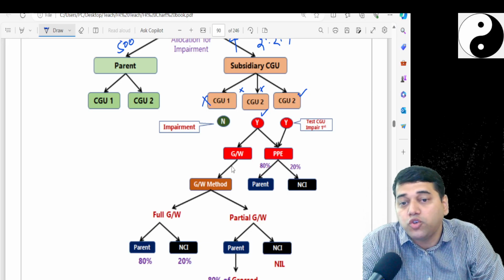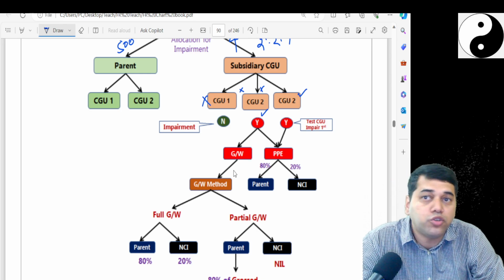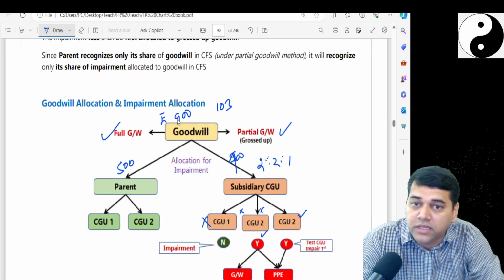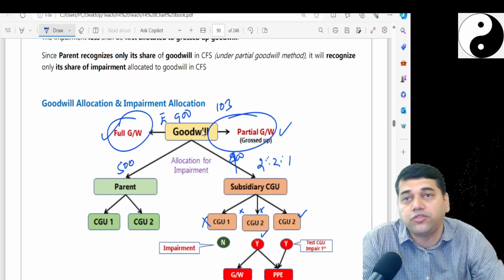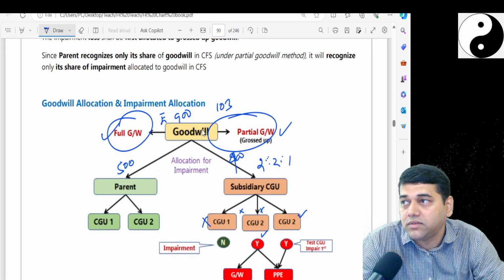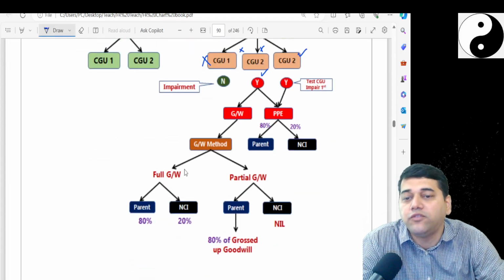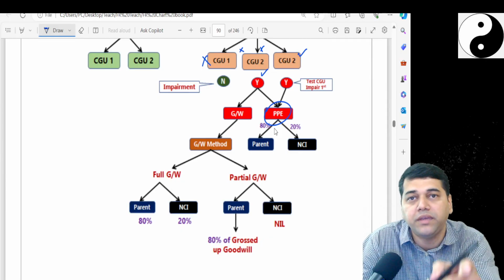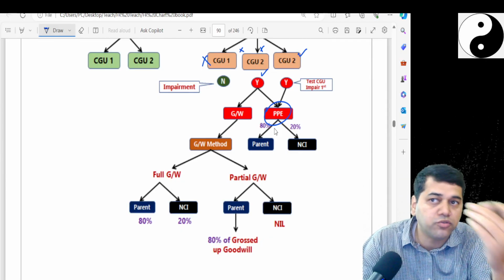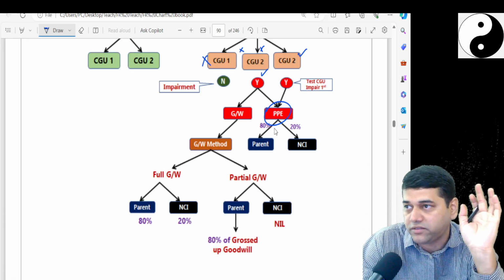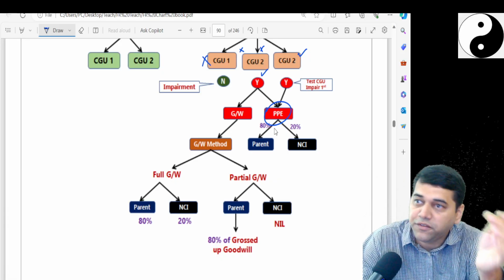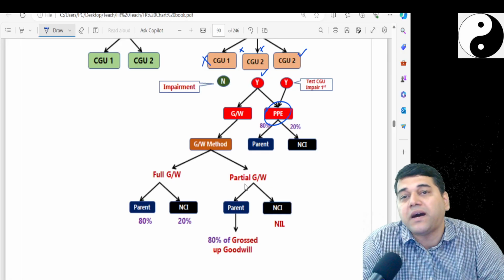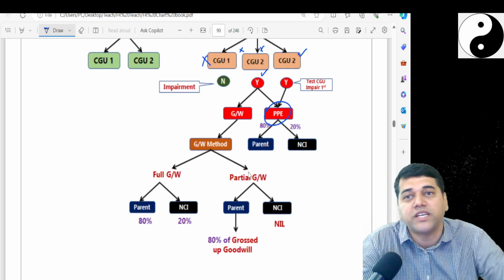But when it comes to goodwill, how should I allocate the goodwill? That depends upon which method of goodwill valuation you followed on day one when you calculated. If you followed the fair value, full goodwill method, no headache. The way you distributed PP, you distribute the goodwill also, because goodwill has the share of both the parties. But if it is the partial goodwill method, that means NCI has had no share from the beginning.